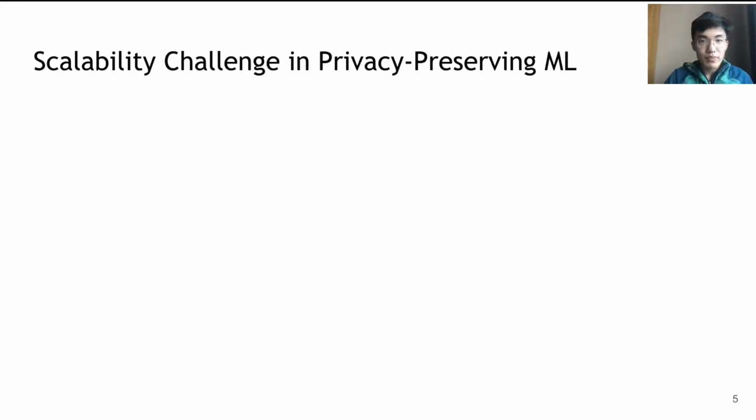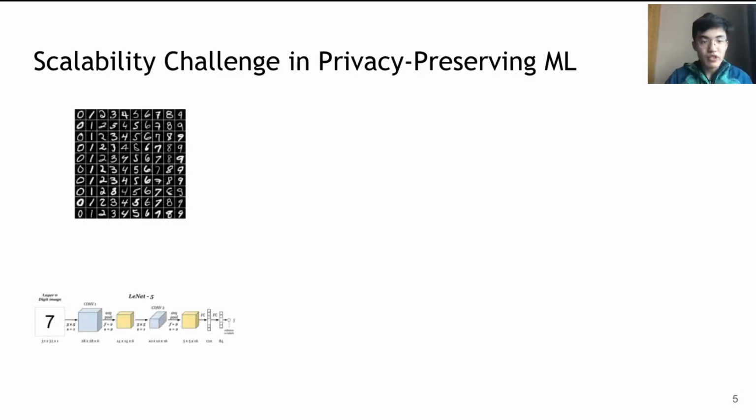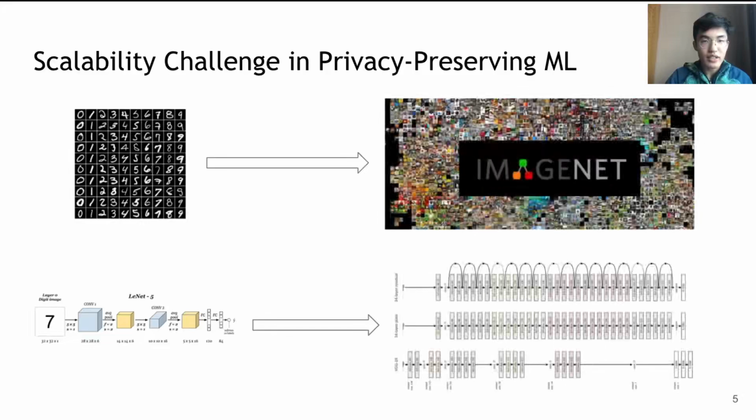One of the major tasks in machine learning and privacy-preserving machine learning is image classification. In the beginning, image classification was operated on small datasets such as MNIST, which has 60,000 images, and on small networks such as LeNet, which has a couple of layers. With the advance in computational power, image classification has shifted to large datasets such as ImageNet, which has over 1 million images containing 1,000 classes, and on models such as ResNet, which has up to 200 layers.